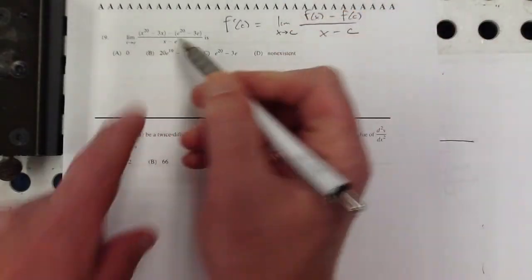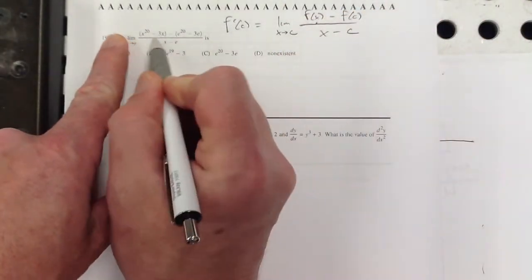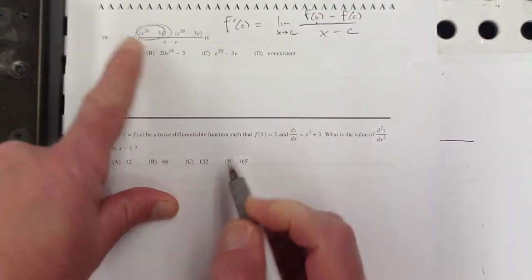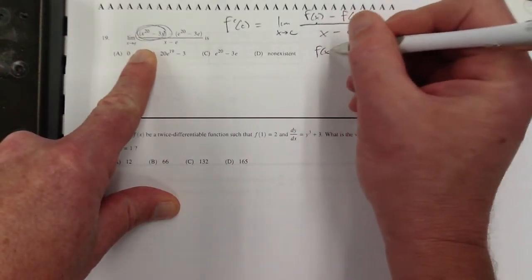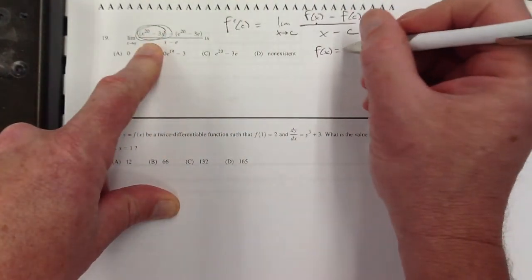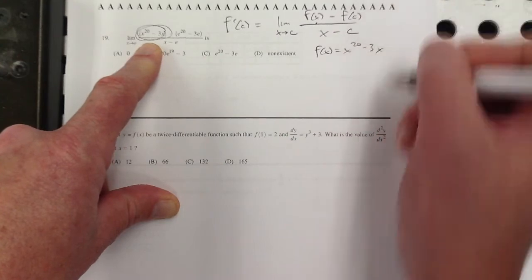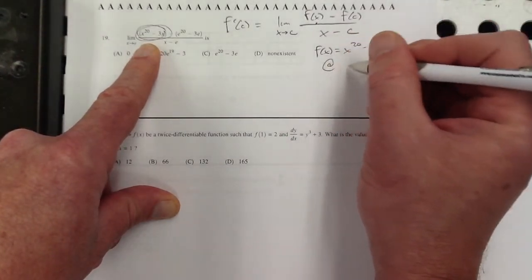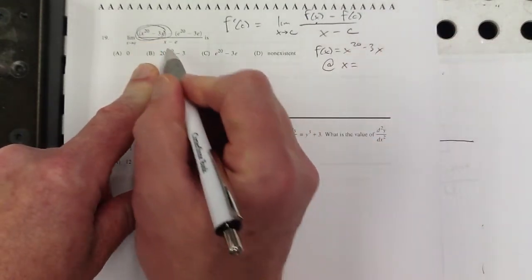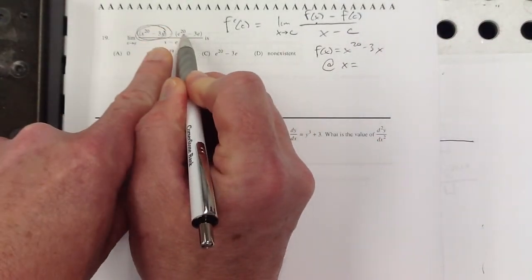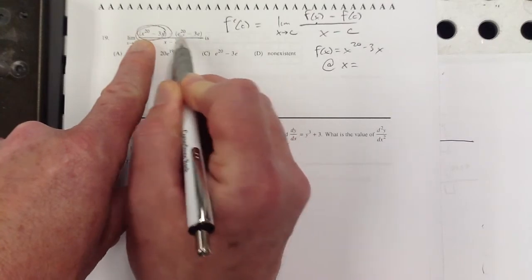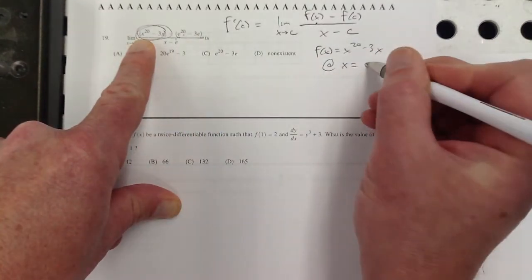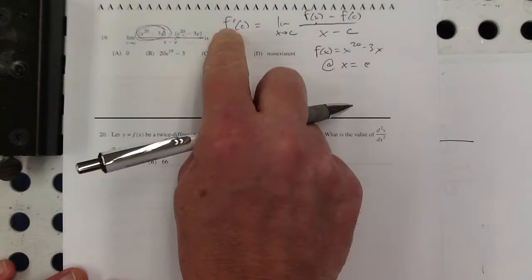So let's piece together what's going on here. My function here is f of x equals x to the 20th minus 3x, and the c, the thing that we're plugging in, seems to be e, right? So that's the definition of f prime of c.